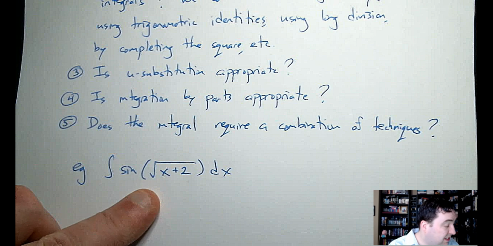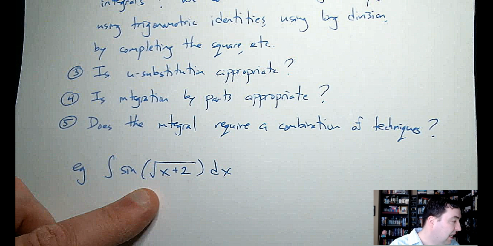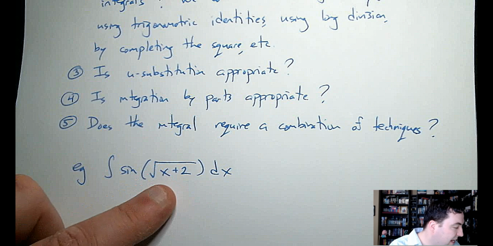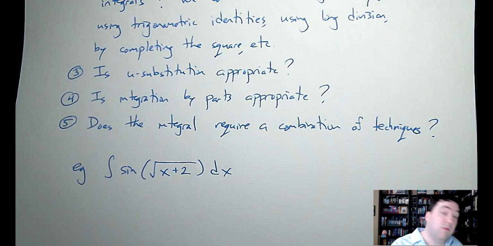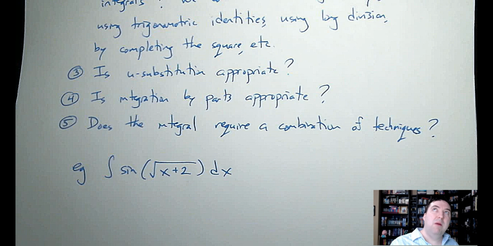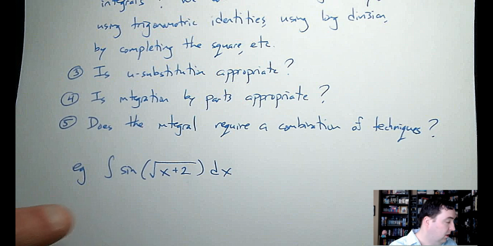Well, it's a composite function, which suggests maybe u substitution is going to be helpful. But the problem is that the only thing that we could apparently let u equal would be that square root of x plus 2. And when we differentiate it, we get a multiple of, well, if you differentiate root x on its own, you get x to the negative a half, so in other words, 1 over root x.